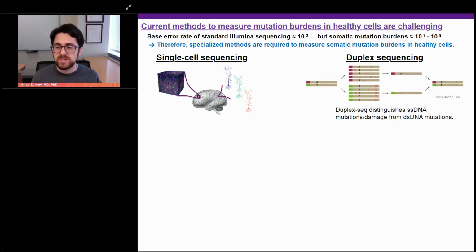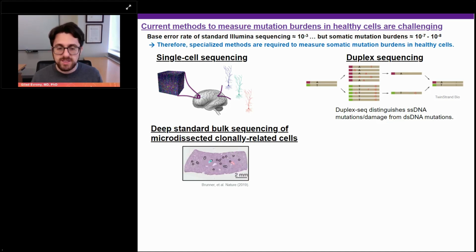And then following sequencing of copies of each of those strands, single strands of DNA, we can computationally reconstruct, using these barcodes, which strands of DNA originally belonged together in the original double-stranded DNA molecule. And that allows filtering of all of the amplification artifacts and sequencing errors, leaving true double-stranded DNA mutations.